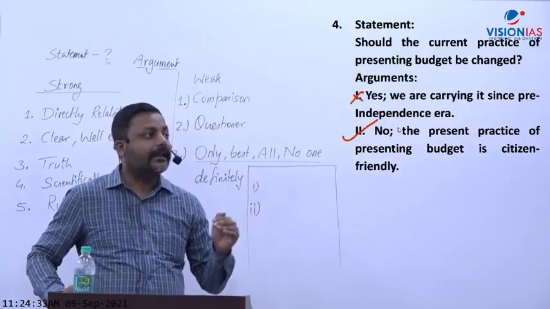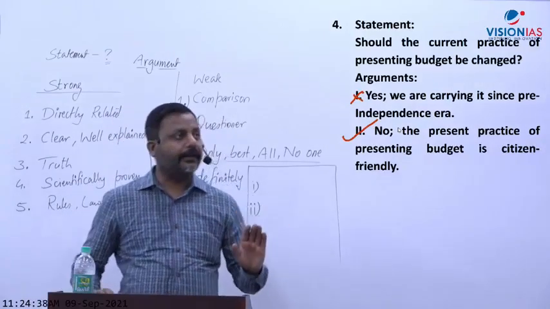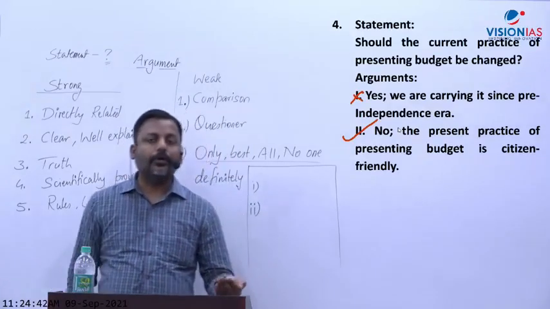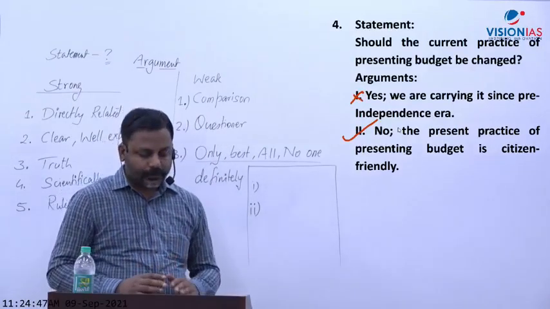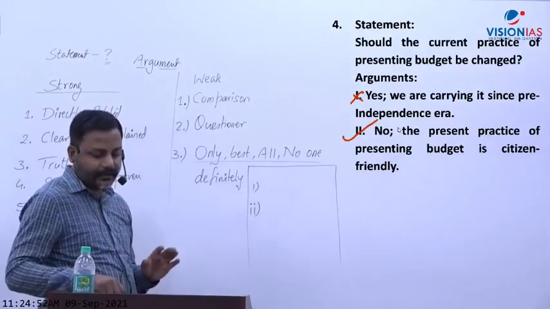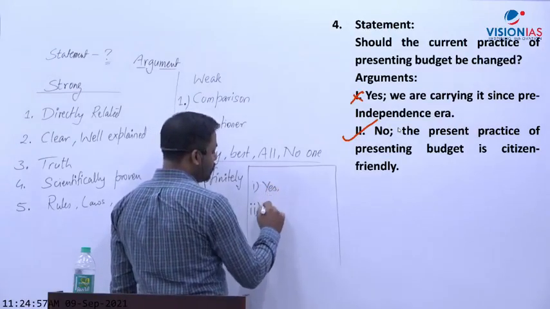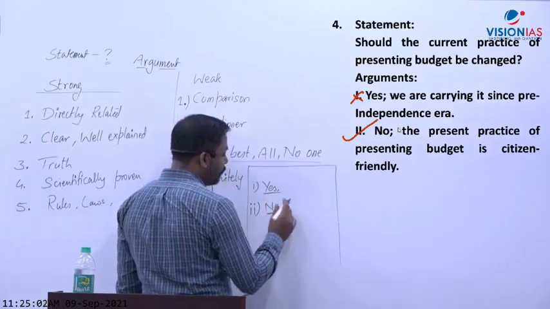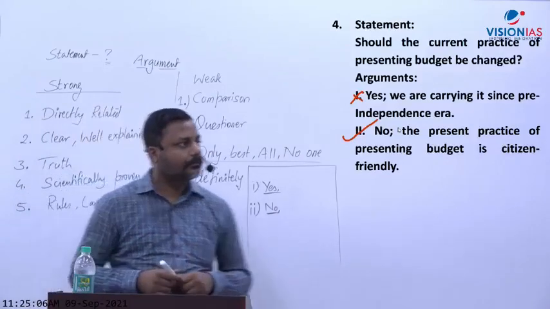This yes and no is basically indicating whether the argument is in favor of the issue or against the issue. So this yes and no which is mentioned in the argument here at first is just to represent whether the argument is in favor of the statement or against the statement. Okay.